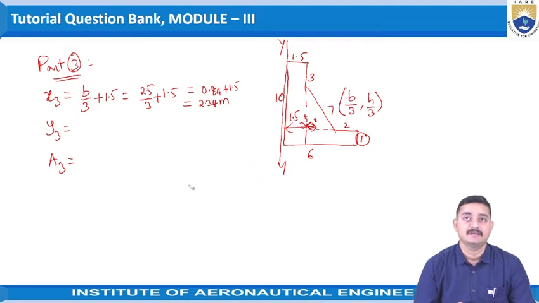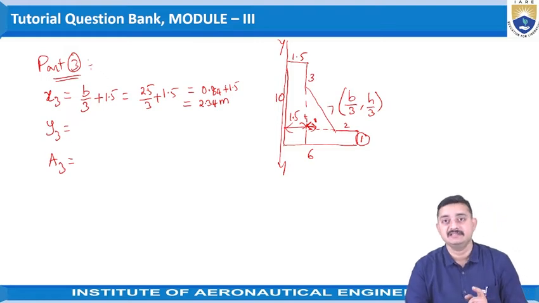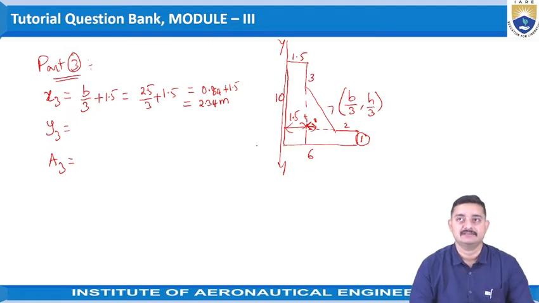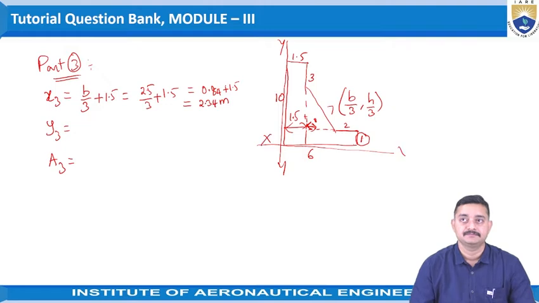Similarly, y3 is the distance of the centroid of part 3, which is the triangle, from the x-axis. The x-axis is lying here, so the distance can be identified in this fashion. This height is already taken as 1, and this height is taken as h by 3.